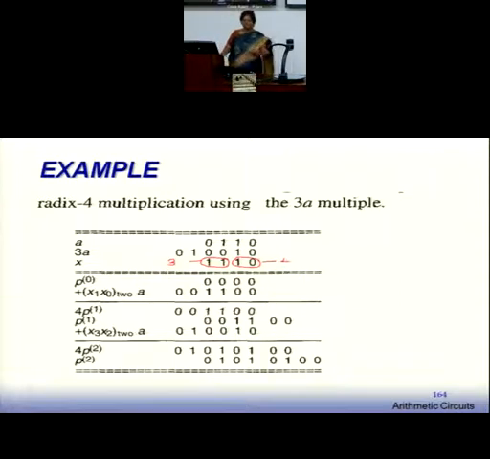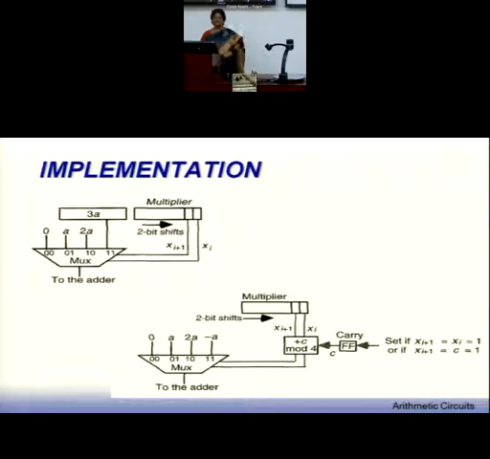Normal way, as I said, you can use the technique in any of the 3 multiplication processes like array or right shift or left shift. Now, as I said, I want to remove the 3a. The implementation will simply need a mux which can choose from 0, a, 2a or 3a.